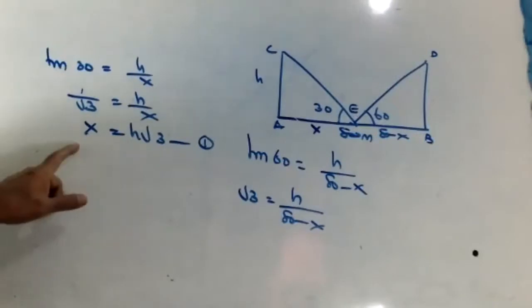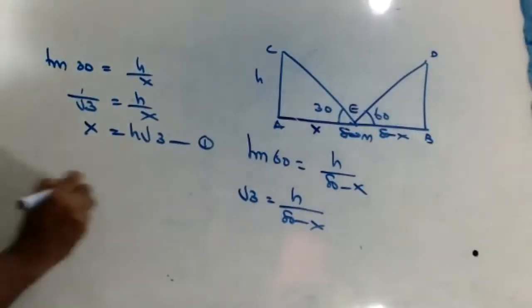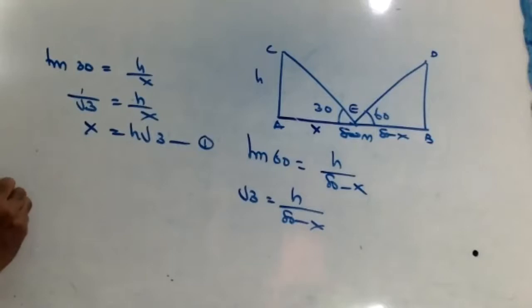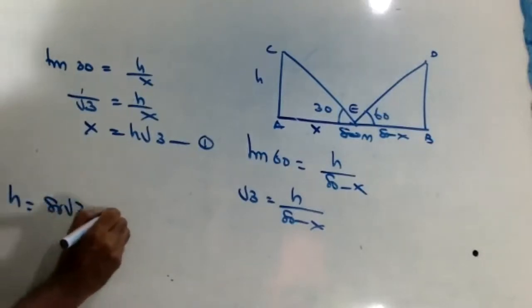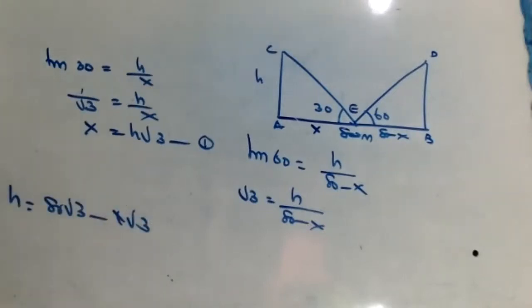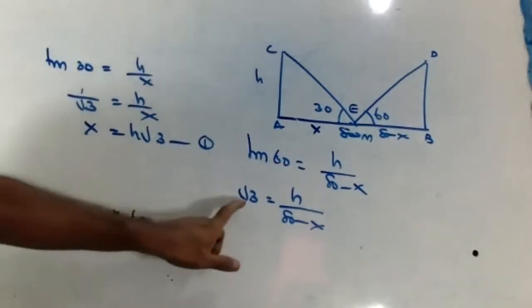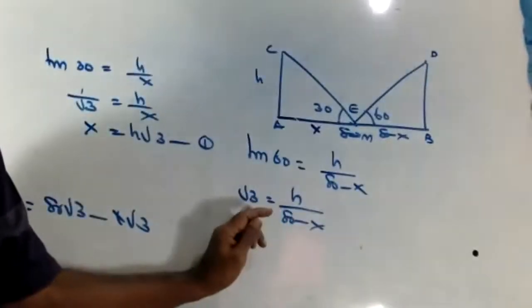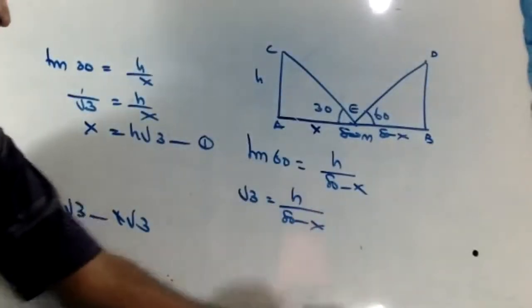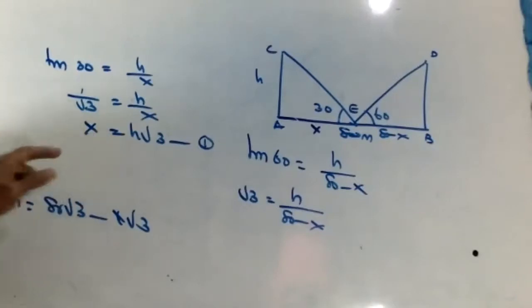Okay, we can substitute. Listen here now, cross multiply. H equals 80 root 3 minus X root 3. Correct or no? This is equation 2. Substitute 1 and 2.